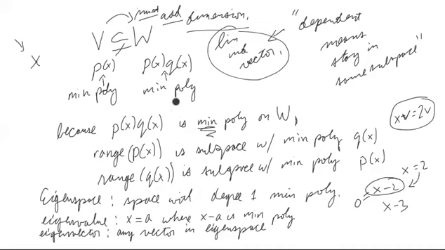All right, now what's all this up here? Different subspaces might have different minimal polynomials. So one subspace might have this minimal polynomial.